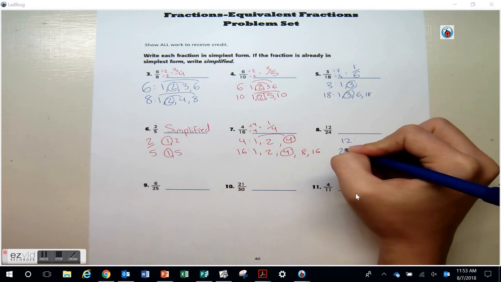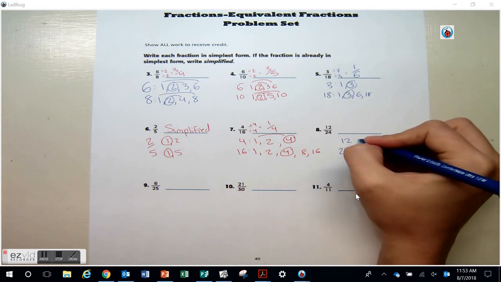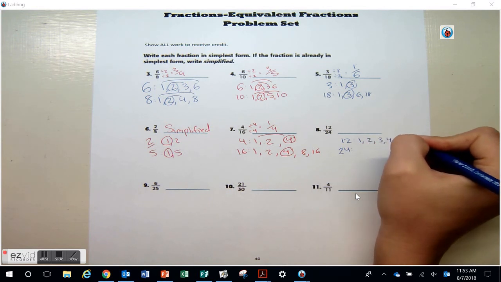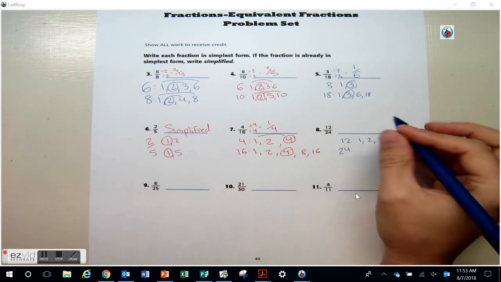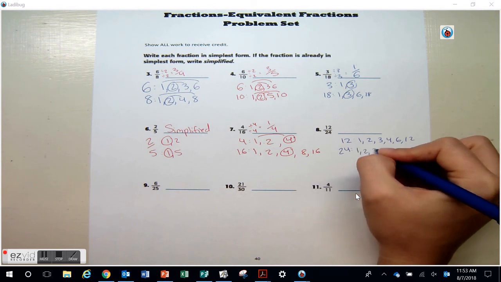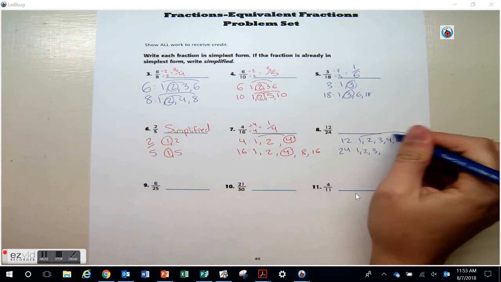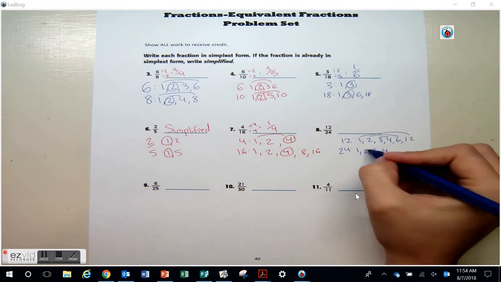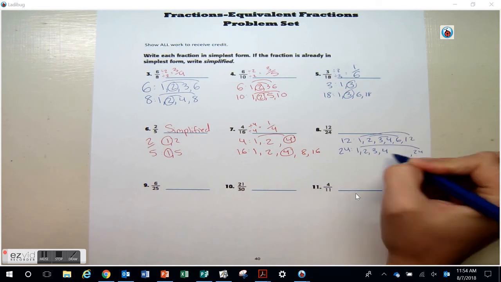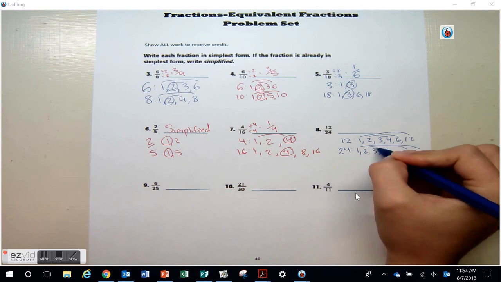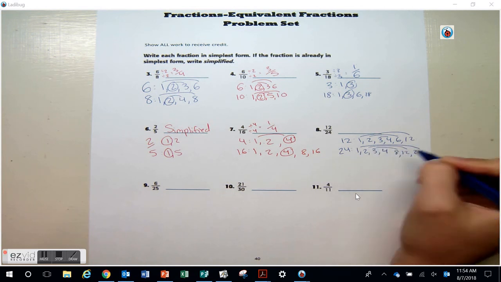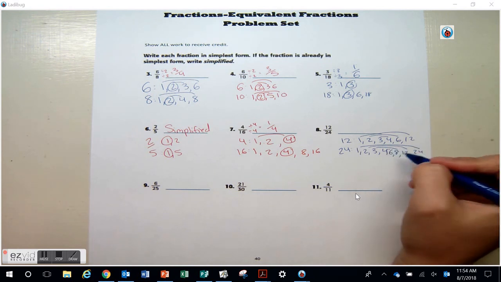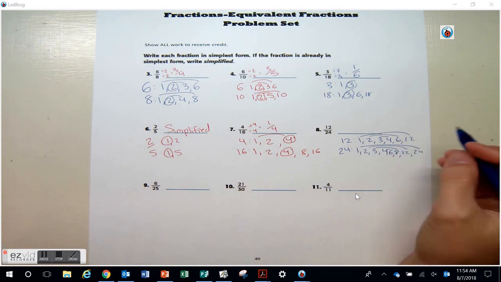Let's go ahead, the factors of 12 and the factors of 24. 12, we have 1, 2, 3, 4, 6, and 12. 24, we have all of these too. Just so I stay organized: 1, 2, 3, 4. 1 times 24, 2 times 12, 3 times 8, 4 times 6, and we don't have any 5s in this mix.